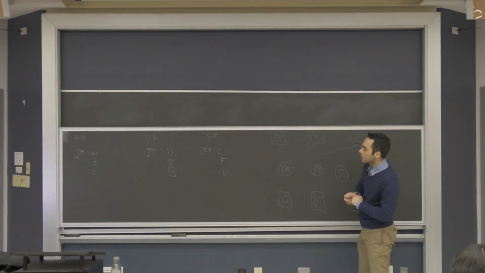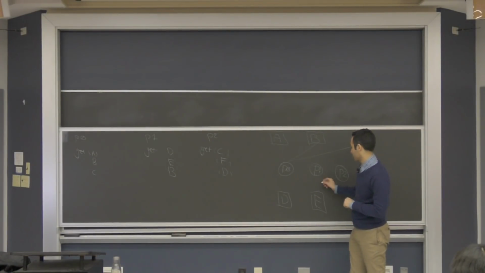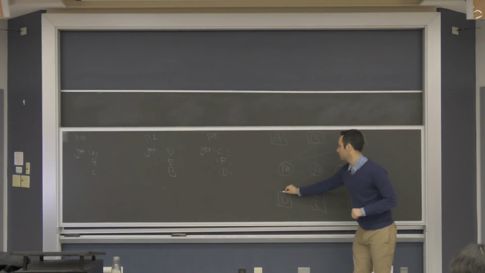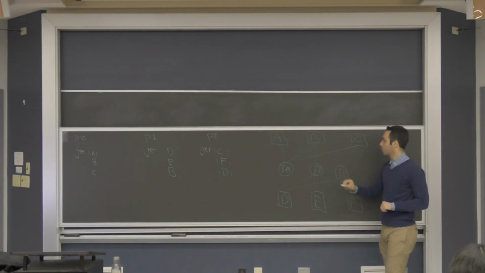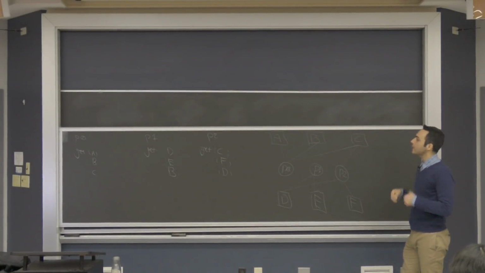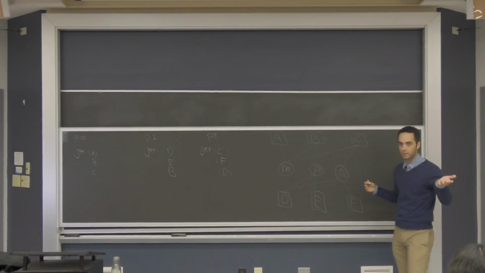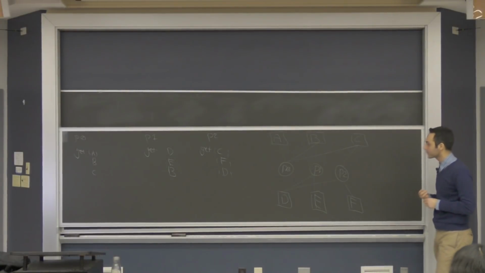P1 is dealing with D, E, and B. And the last one, P2, is with C, F, and D. So what do you see? A cycle should first be a loop, then the directions, right? So do you see any loop here?